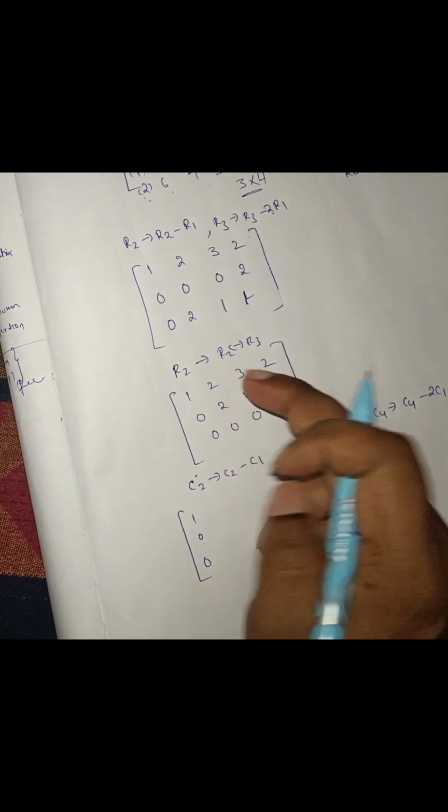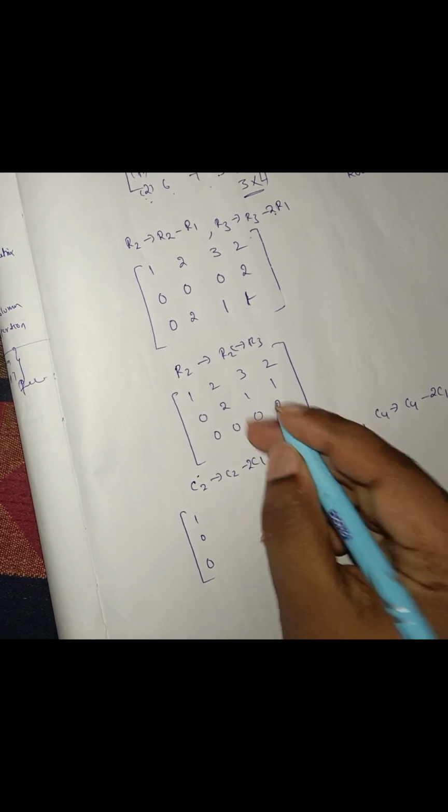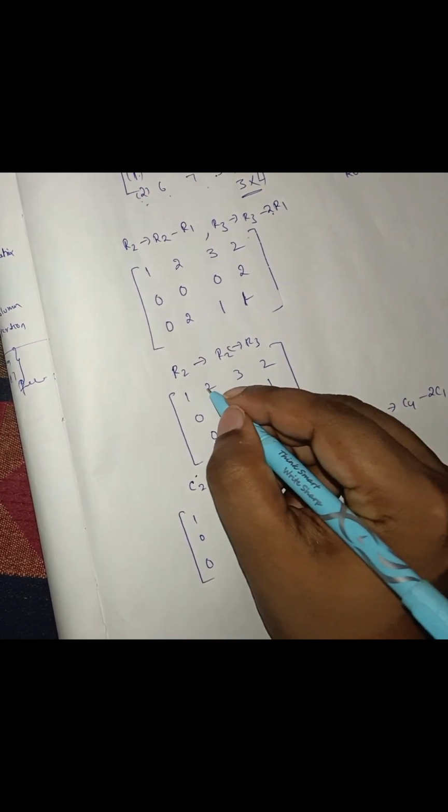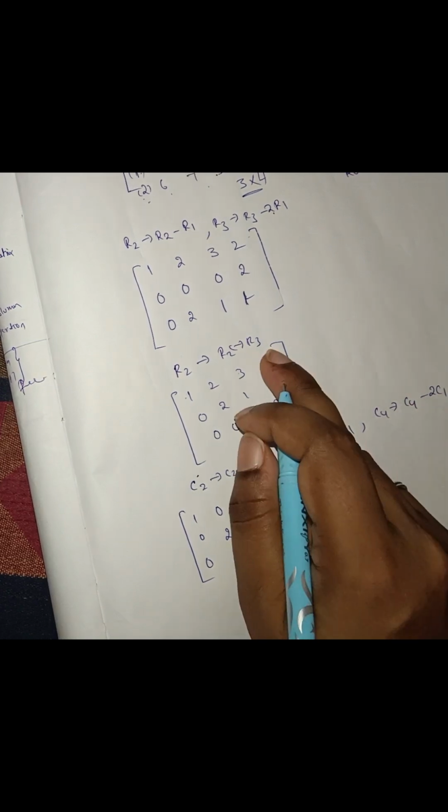C2 tends to C2 minus 2C1. I'll make this as 0. 2 minus 2, 0. 2 minus 0, 2. 0 minus 0, 0. C3 tends to C3 minus 3C1. 3 minus 3, 0. 1 minus 0, 1. 0 minus 0, 0. C4 tends to C4 minus 2C1. 2 minus 2, 0. 1 minus 0, 1. 2 minus 0, 2.